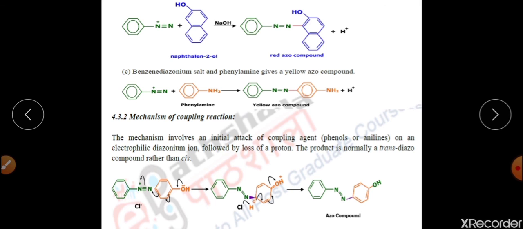At that time, if the concentration of H positive is increased, NH2, that is the aniline component, will react with more of the H positive and will get converted into anilinium ion, and after formation of the anilinium ion the reaction will be suppressed altogether. So again the reaction is not allowed to happen at that time also. So pH plays a very vital role, and we generally use a proper pH for the reaction to happen in the diazonium coupling reaction.